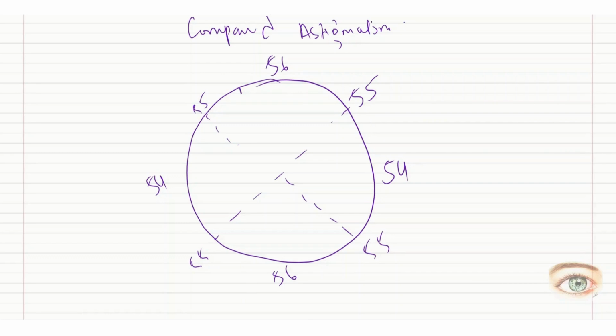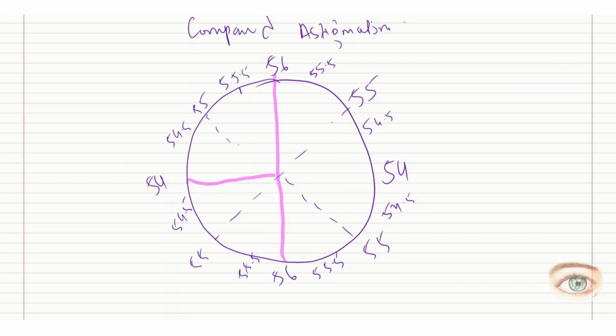At this point, we will have 55.5, right? And at this point, we will have 54.5, right? But majorly, we have this 90 axis and this is the 180 axis, right?